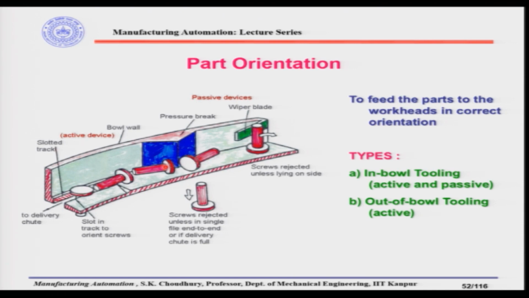So, it is reorienting the parts, and the desired orientation is this orientation. So, all the parts coming after the bowl feeder, using these three part orienting devices, we can ensure that all parts will be coming in this orientation, which is the desired orientation for us.